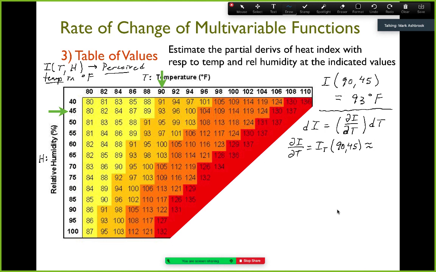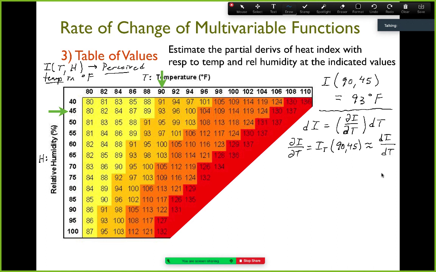Couldn't you pick two values of temperature and then subtract one from the other? What will the calculation be to get this partial derivative? It'll be dI divided by dT, right?